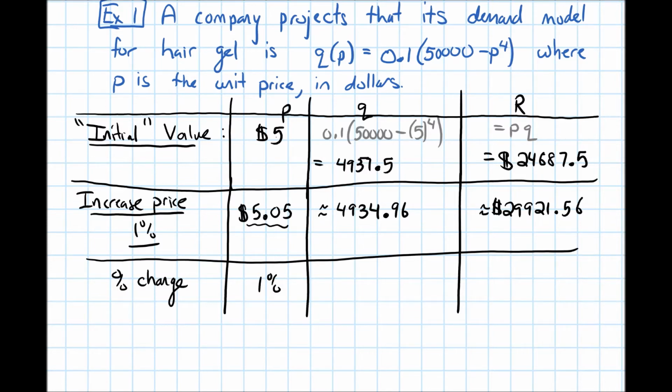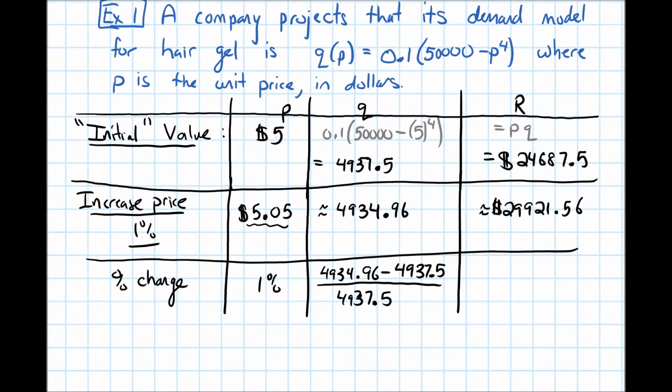If I want to figure out how much as a percentage did the demand change, I would take the final demand, which is 4,934.96, subtract the initial demand, which was 4,937.5, and divide it by the initial demand, which was 4,937.5.